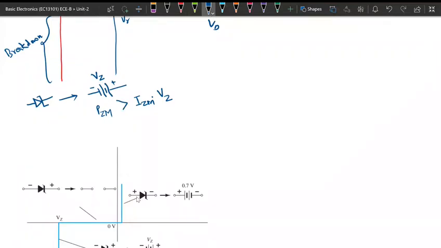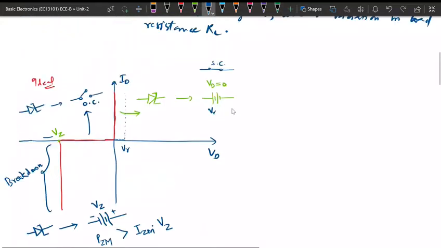So this is the property or rating of a Zener diode. Once this rating has been given, we should apply voltage or current such that its maximum power is less than Pz max. You will see that in the next slides.